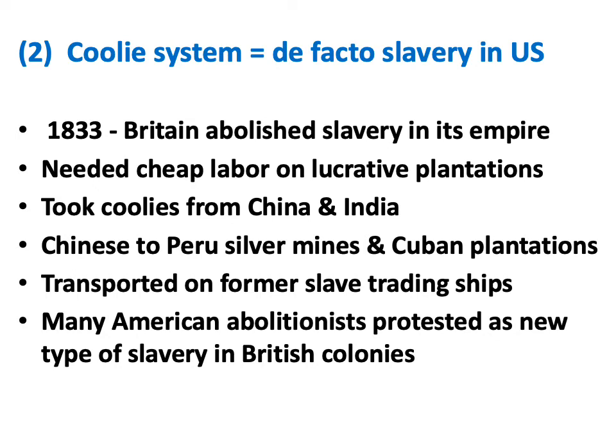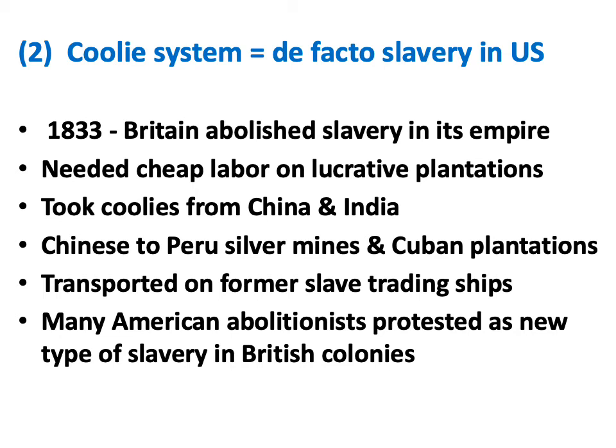So Britain had very lucrative plantations all around the world that had relied on slaves. They had sugar plantations in Jamaica. They had all sorts of plantations in India. They had plantations and mines. So what they decided to do, since they couldn't bring any more slaves over because the slave trade was abolished, was take workers from China and India to work on these plantations.